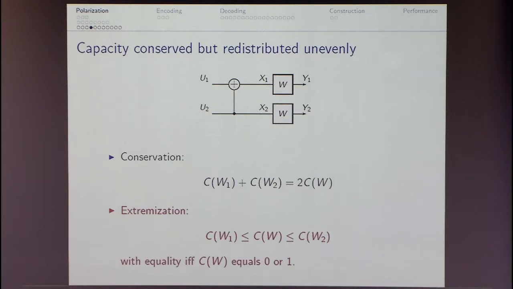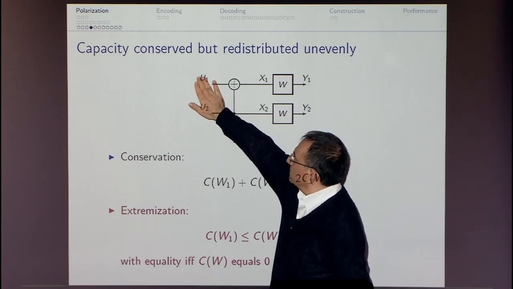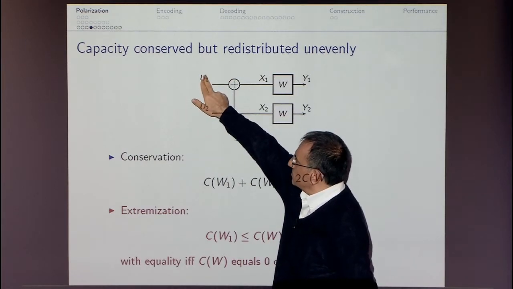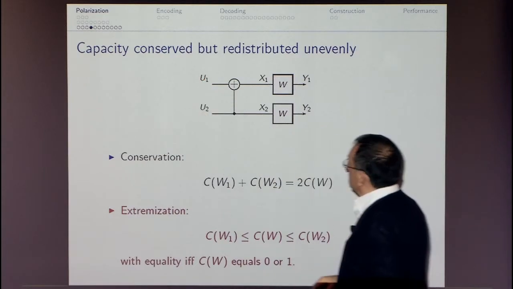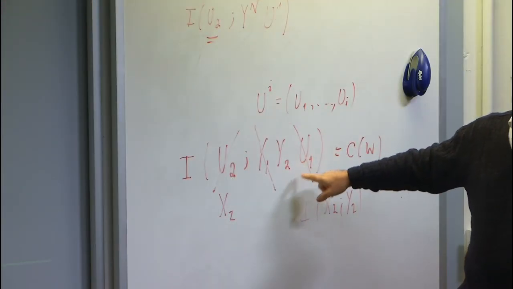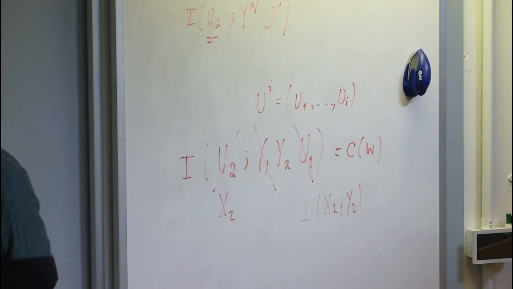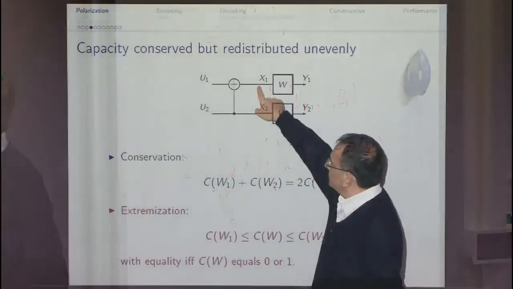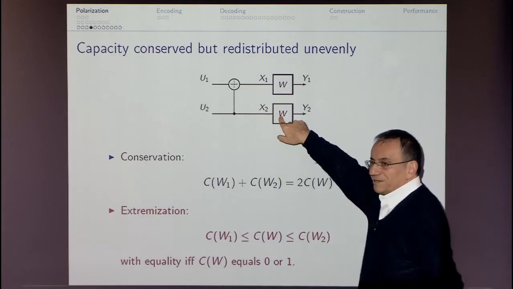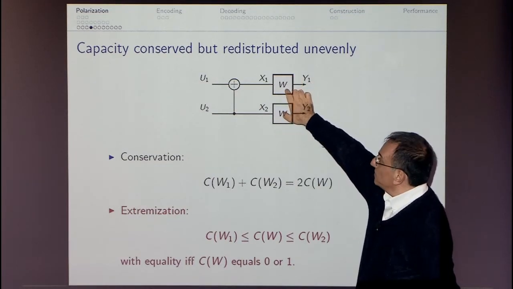In all other cases, you can also see what's happening. I mean, if I'm given U1, let's look at it this way too. Suppose I'm told what U1 is. The genie is telling me what U1 is. Say U1 is 0. Then I'm sending this U2 twice. There is diversity 2 transmission here. I'm sending it twice over 2 independent copies of the same channel.